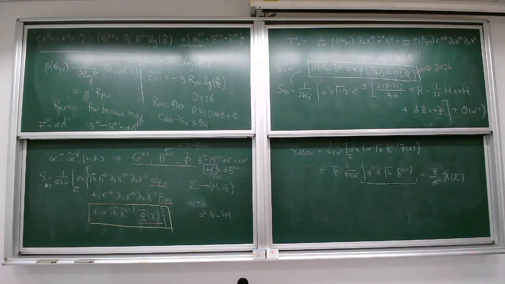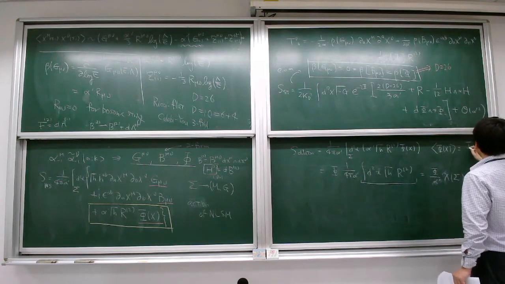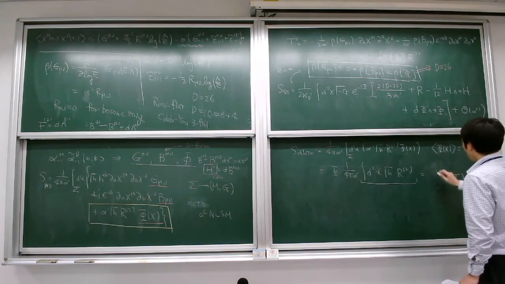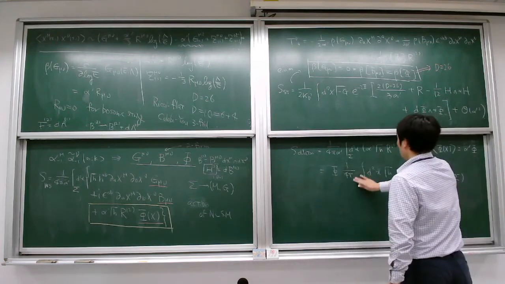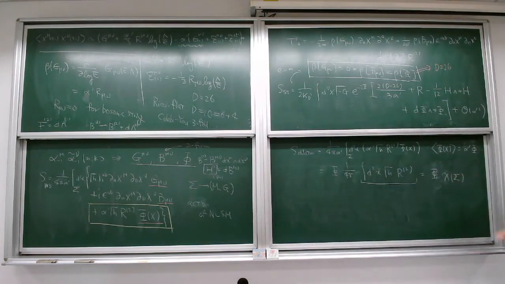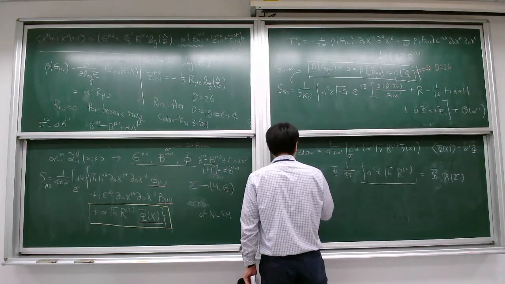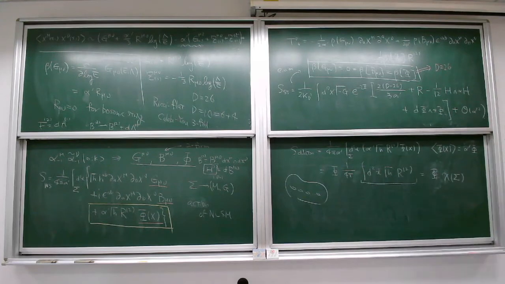Suppose phi takes an expectation value, which is alpha prime times phi. Then alpha prime cancels, and you get this quantity. So this is the Euler characteristic of sigma, and what is the Euler characteristic of a genus G Riemann surface? 2G minus 2.